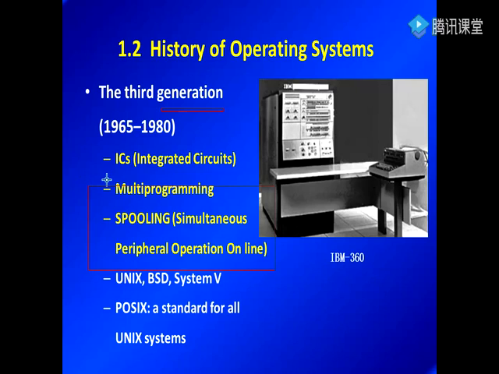The first one, multi-programming, means we have some technologies to support the computer to run more than one program during the same time. So it means the memory of the computer can be shared by multiple programs.